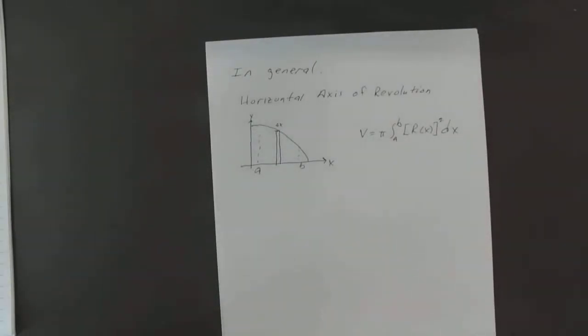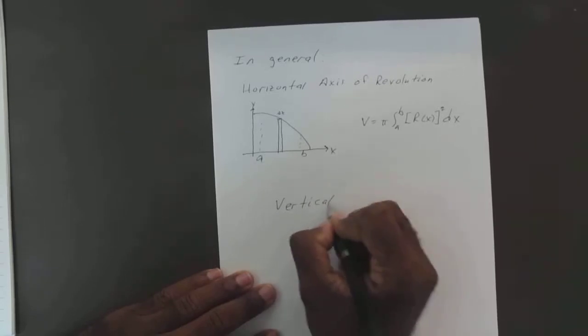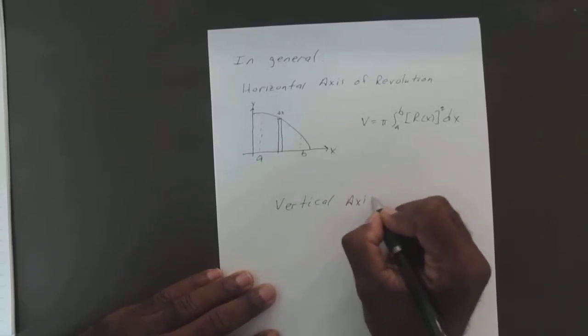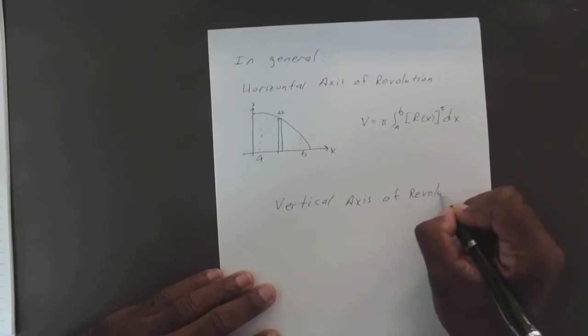Now you can do the same thing if you get that same shape and you revolve it around the y-axis. You just get that same rectangle and you revolve it, and as it gets thinner and thinner and thinner, it gets more and more precise, which is called the vertical axis of revolution.